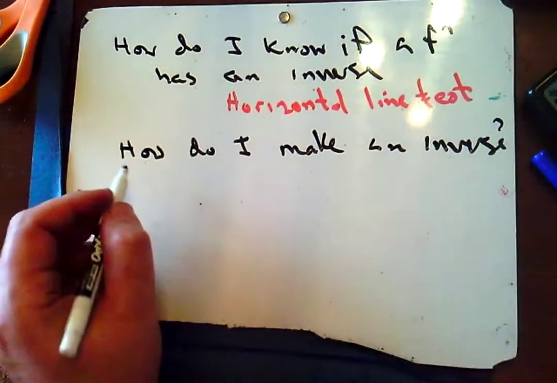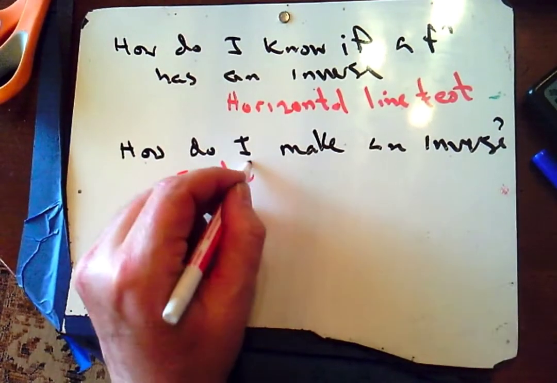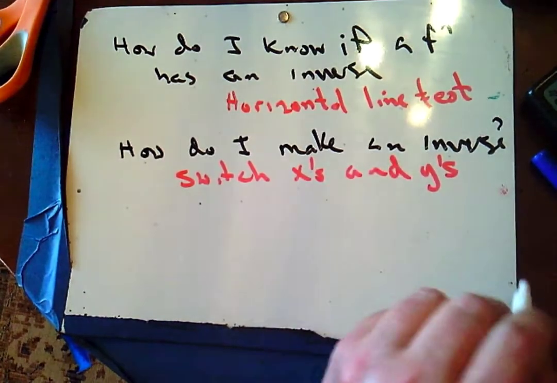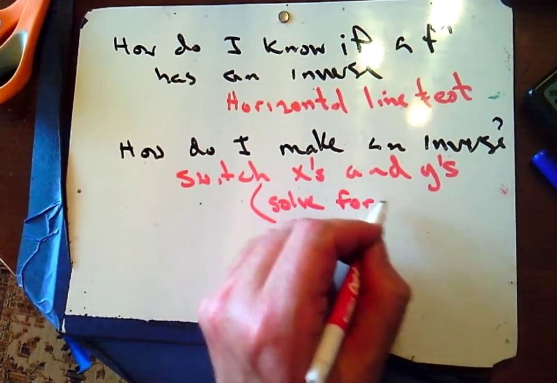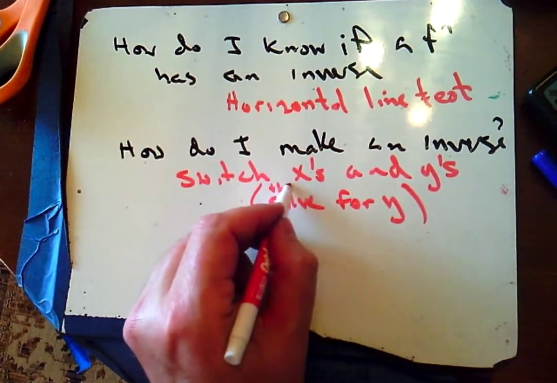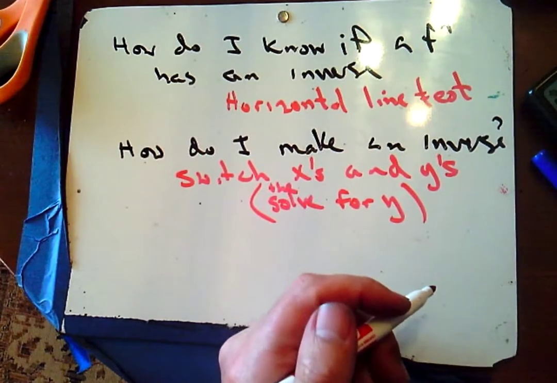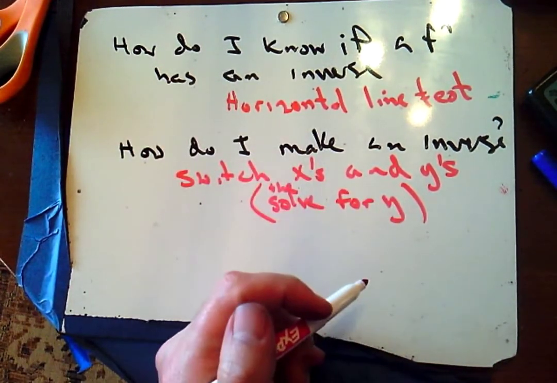Okay? We also talked about how do I make an inverse of a function. And we said what we would do in this case is we would switch x's and y's. And if we were doing it algebraically, we'd want to solve for y. But if I'm just doing a table, I'm just flipping the inputs and outputs. If I'm on a graph, I'm switching the ordered pair x and y values.